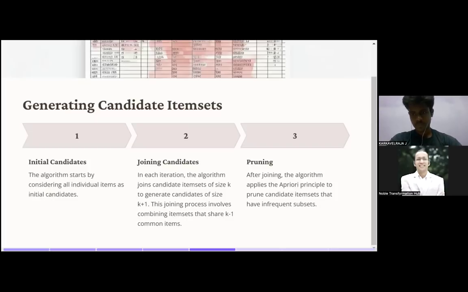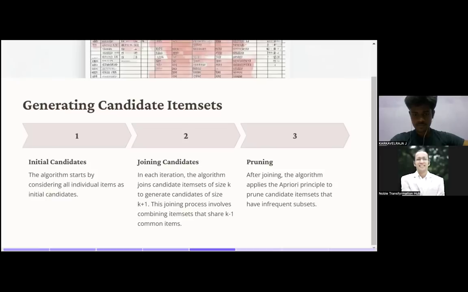So it will do plus and minus. When it is generating candidates, it will be k plus 1. Joining involves combining item sets that share k minus 1 common items, so it creates a kind of clustering, guys. The k plus 1 is generating candidate size, and the other one would be k minus 1.